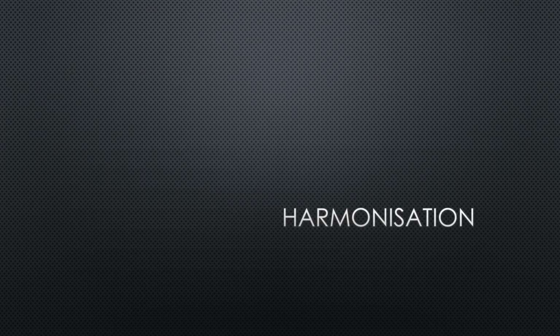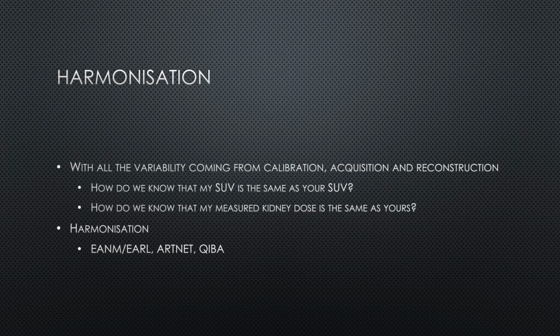So I've highlighted a lot of challenges that we face in quantitative SPECT, and harmonization, I think, can help a little way. With all the variability coming from acquisition and reconstruction, how do we know that the SUV I measure is the same as what you're measuring? How do we know that the kidney dose that I measure is the same as what you're measuring?